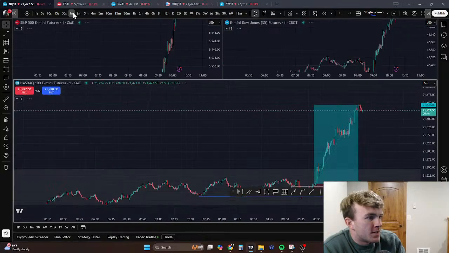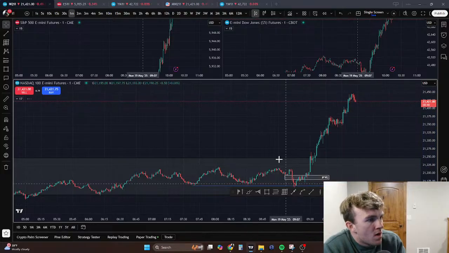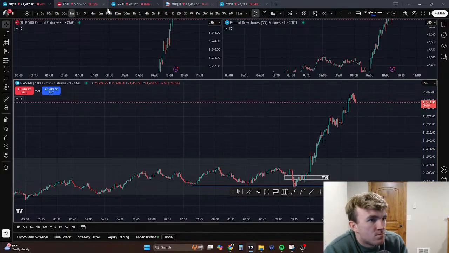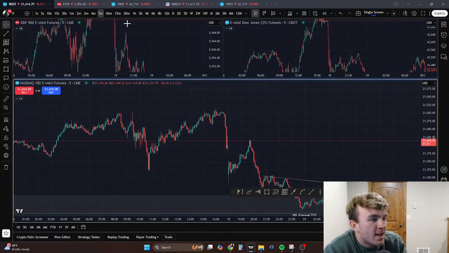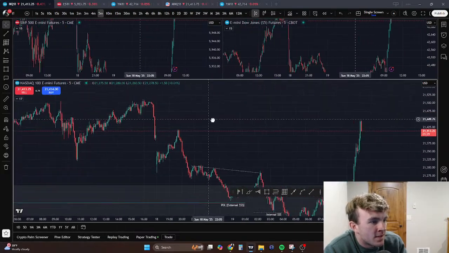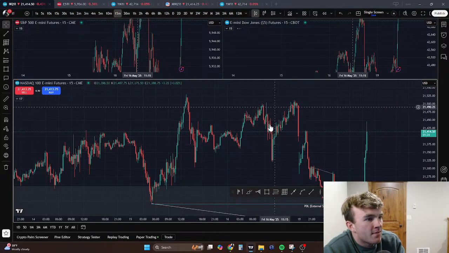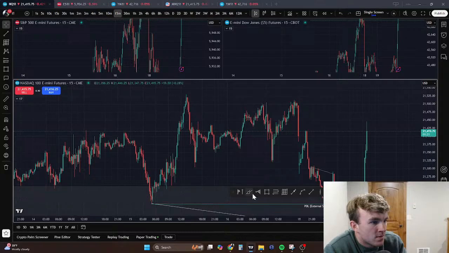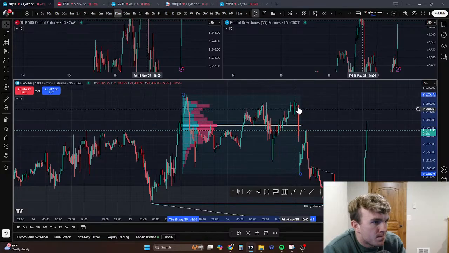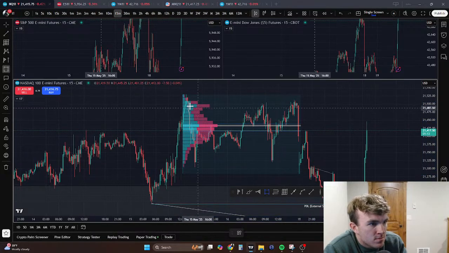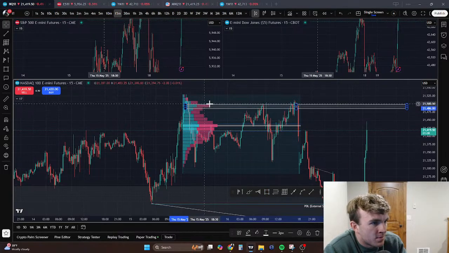Yeah, there's just still nothing. And the annoying thing is now we just don't have that good liquidity like we used to. Well, actually, we still have this pretty big consolidation. So this is a pretty decent liquidity pool right here.